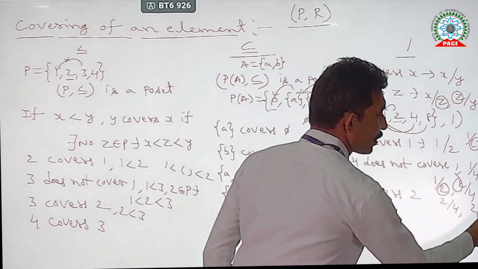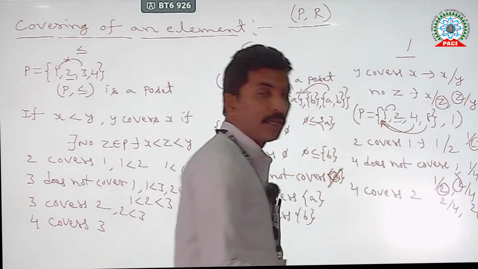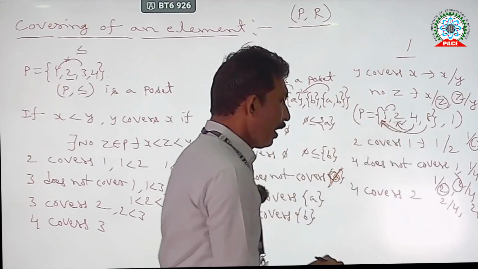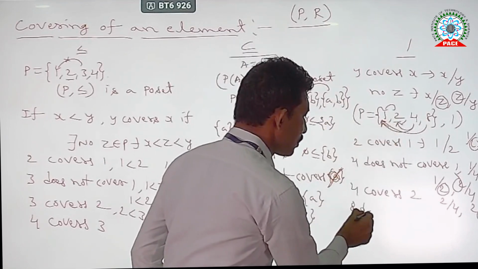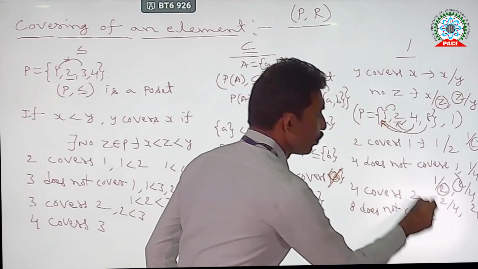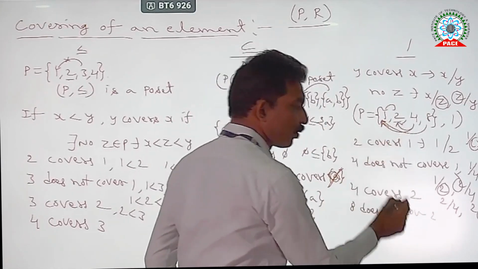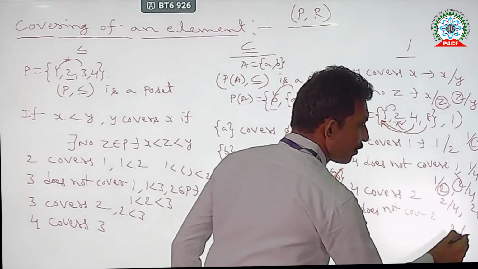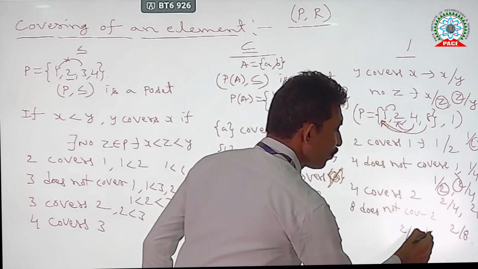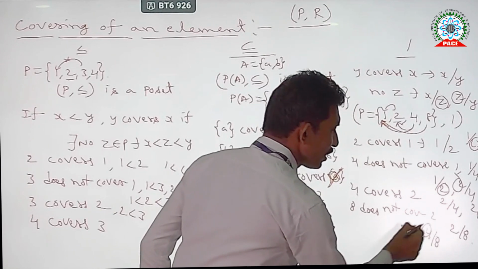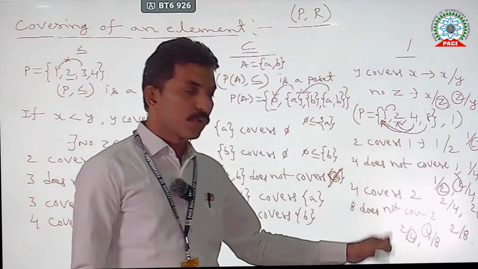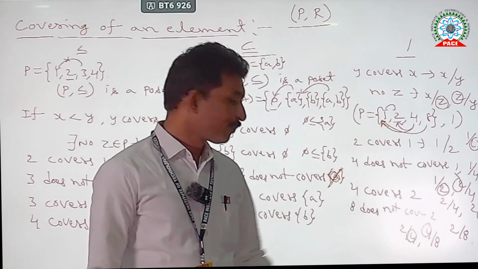So 4 covers 2. 8 does not cover 2, because 2 divides 8, okay, but 2 divides 4 and 4 divides 8. There is an element 4 in this set such that 2 divides 4 and 4 divides 8. So 8 does not cover 2.